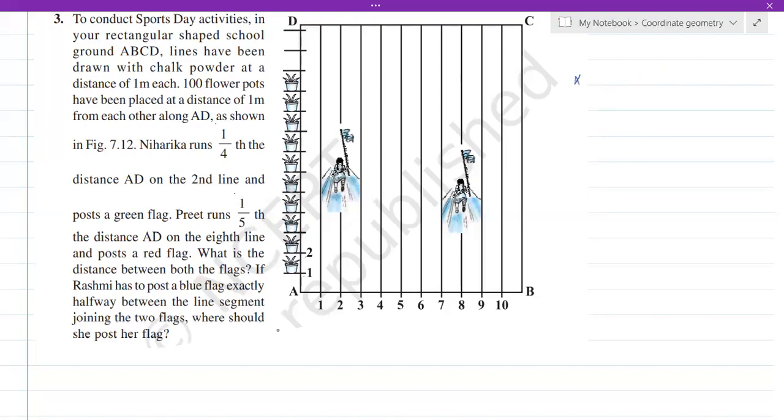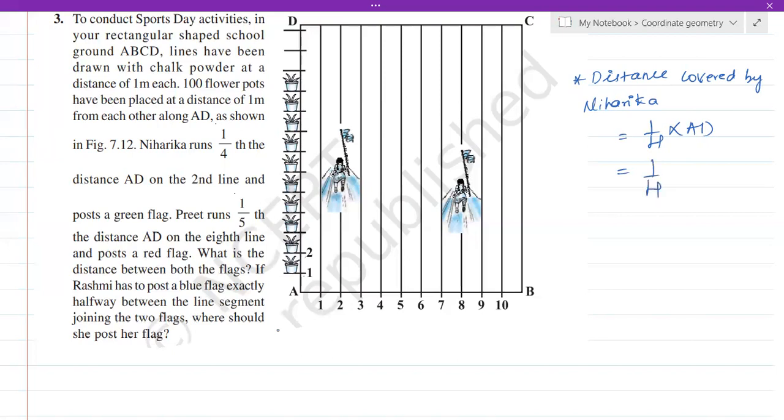Therefore, distance covered by Niharika is given as 1/4 of AD. It is given in the question as 1/4 of AD.